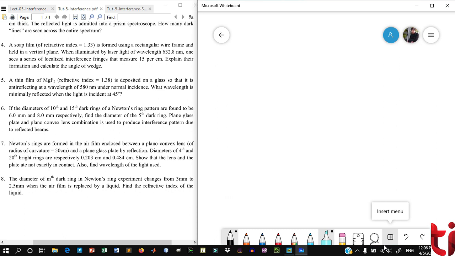To understand question number 5, let's first draw a diagram of the situation. Here a thin film of magnesium fluoride is deposited over a glass. So here is our glass, and on top of it there is a thin film of magnesium fluoride.